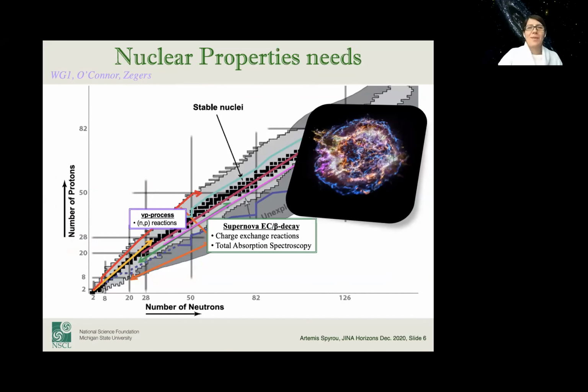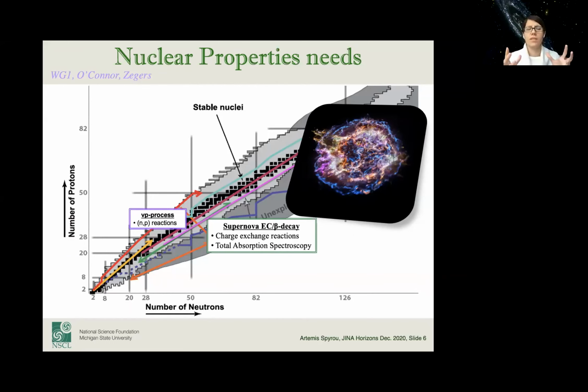The next item I wanted to introduce is supernova explosions, and again a lot of input goes into supernova explosions and what kind of measurements we need to do. So here I just highlight two parts. One is going on the proton-rich side. This is the NU-P process, which is similar, even though it's a very different environment.